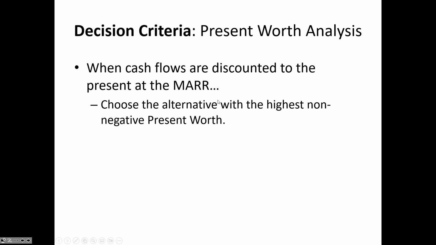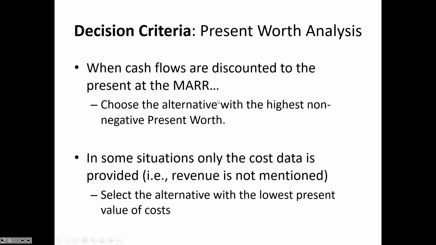So just to revisit very briefly the decision criteria of present worth analysis, remember that you should choose the alternative that gives you the most profit. So if you discount all of the cash flows at the MARR, minimum attractive rate of return, then you'd choose the alternative that has the highest non-negative present worth. But if you've looked at the homework assignment, you already know there are some situations where only the costs are described.